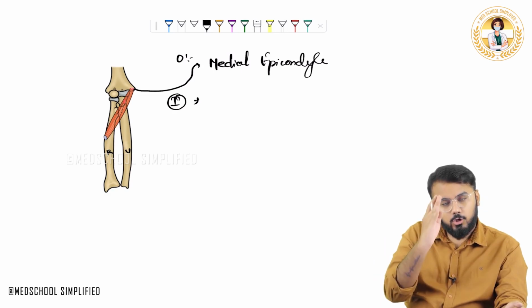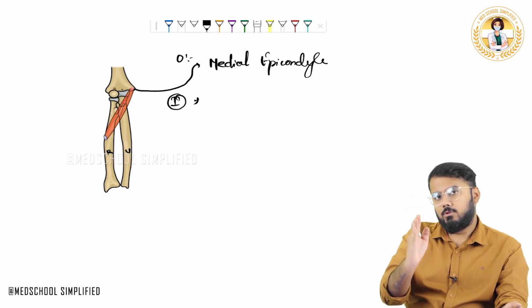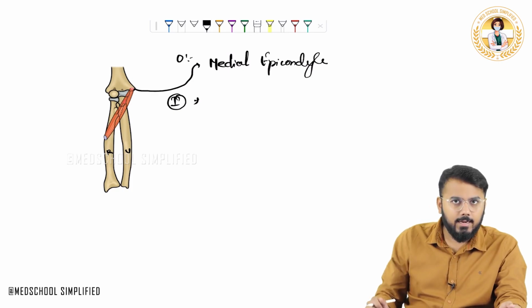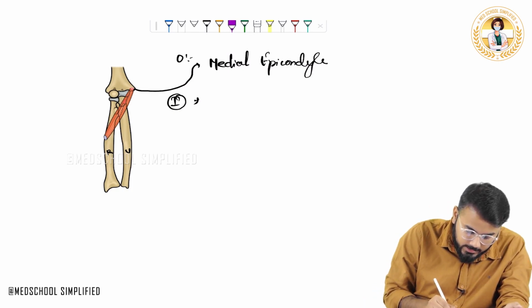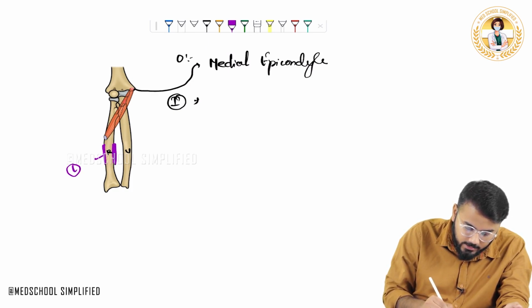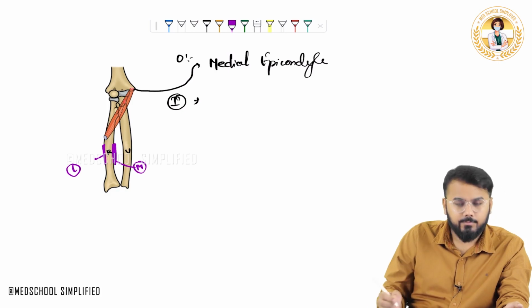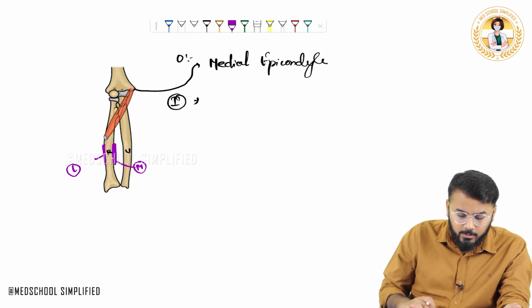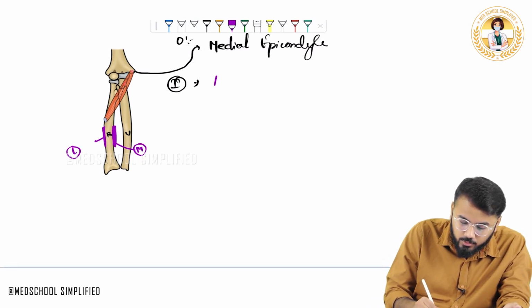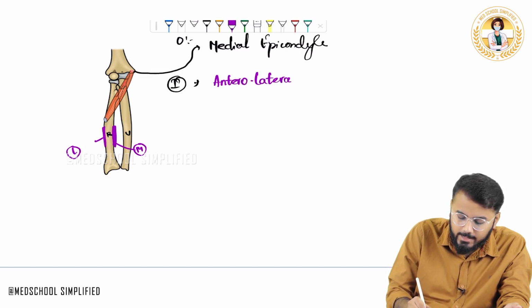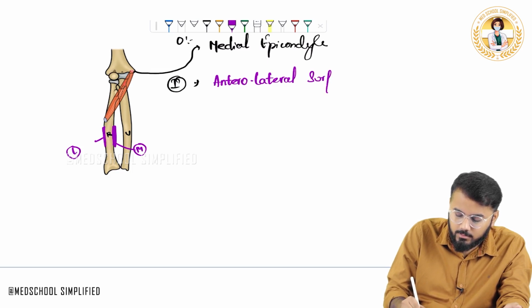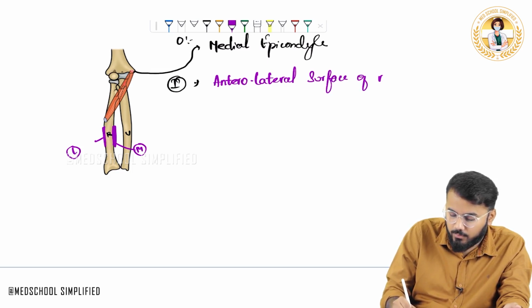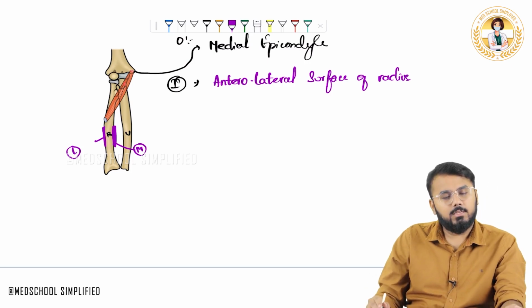Within the radius you have two lines, one called the medial line and another called the lateral line. So this muscle is attached to the anterolateral surface of the radius bone.